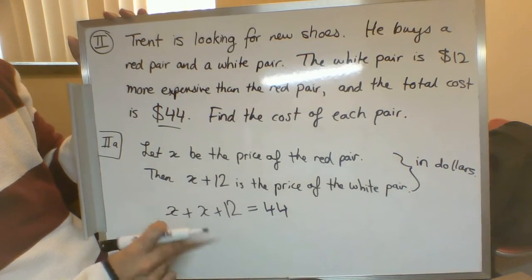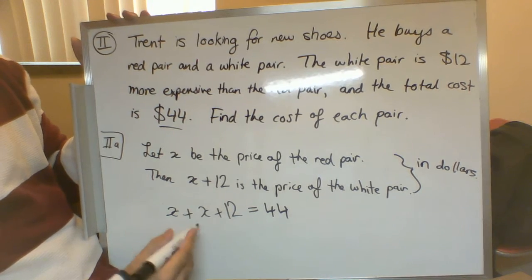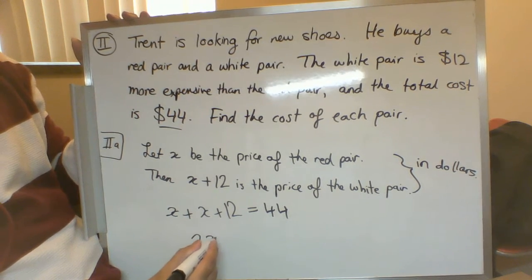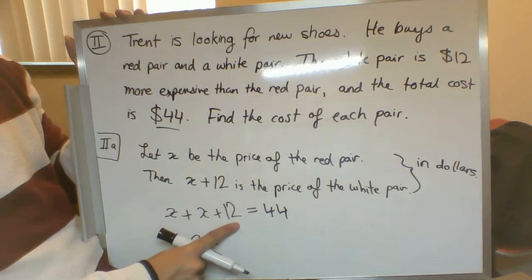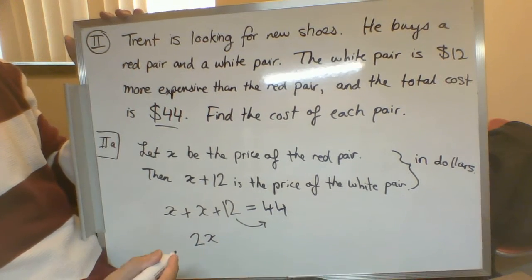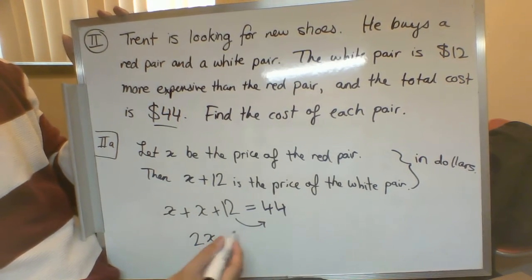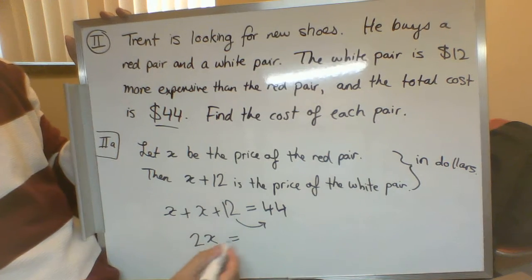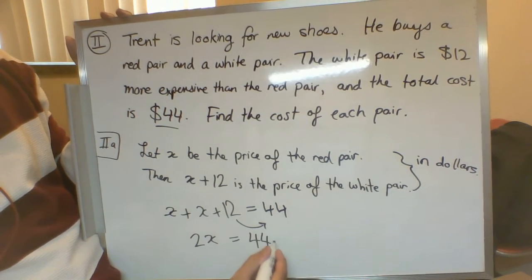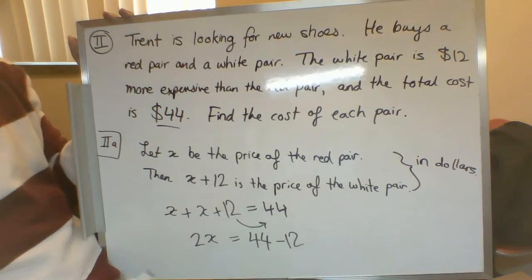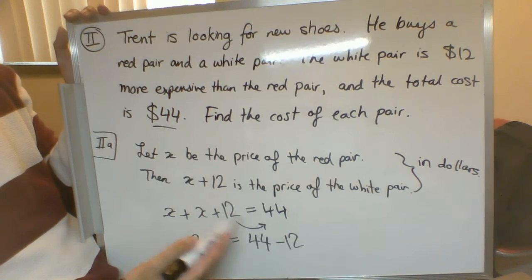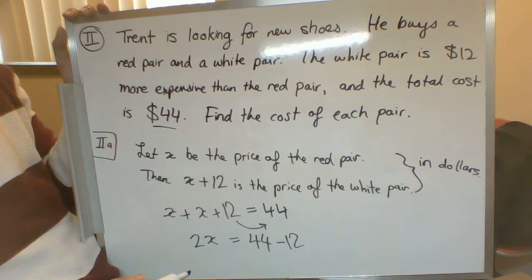So now if we go through and solve, x plus x is going to be 2x, and I'm going to throw the 12 over to the right side because I want all the numbers over there. So it'll be 2x is equal to 44 minus 12. It's positive on the left side, so it'll be negative on the right side.